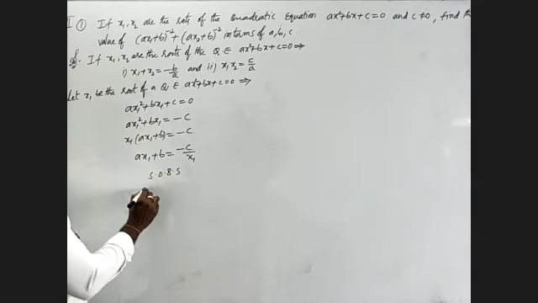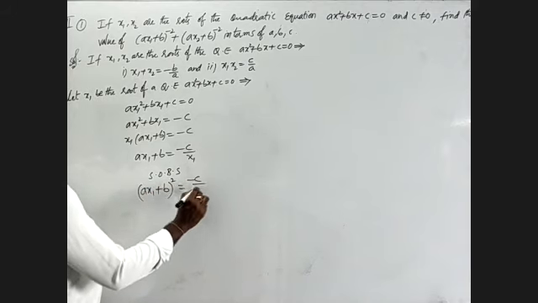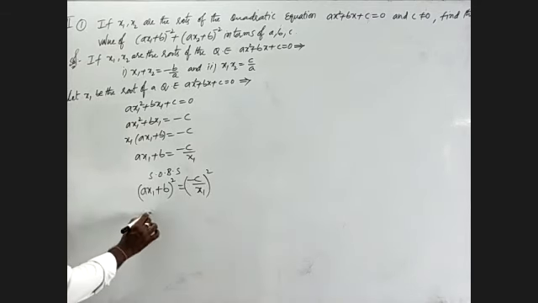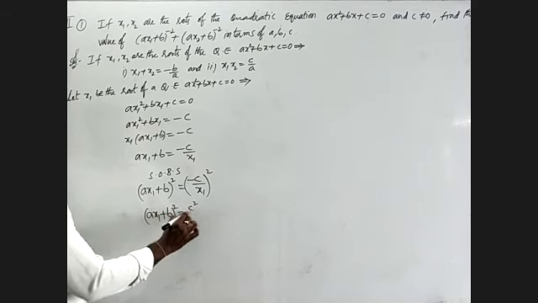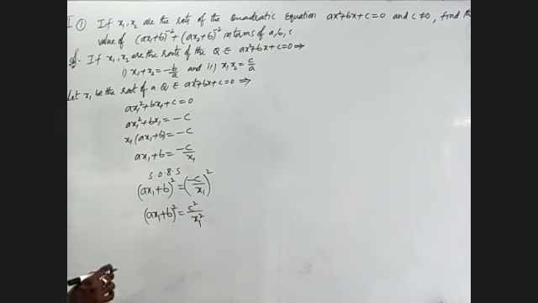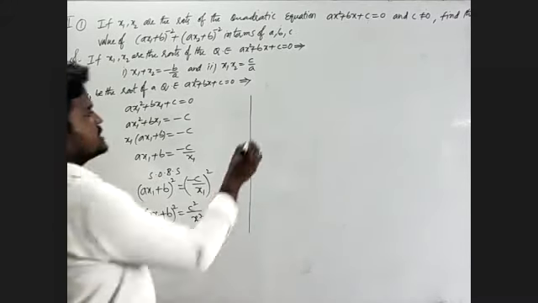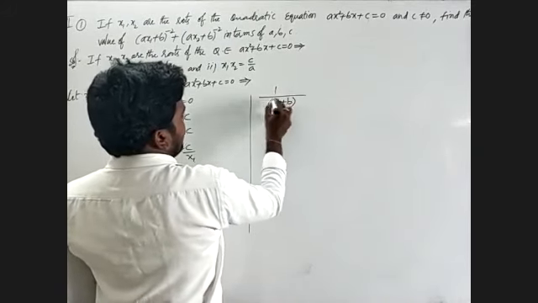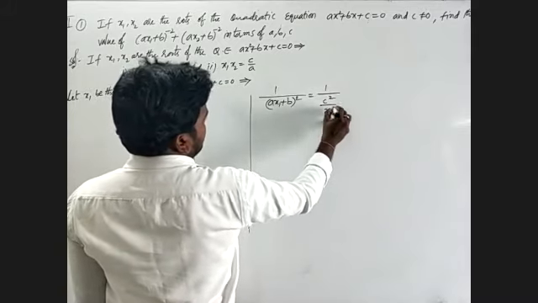(ax1 + b)² = (-c/x1)², which expands to (ax1 + b)² = c²/x1². Taking the reciprocal, 1/(ax1 + b)² = 1/(c²/x1²).